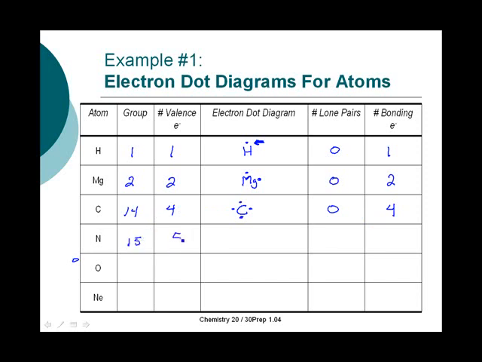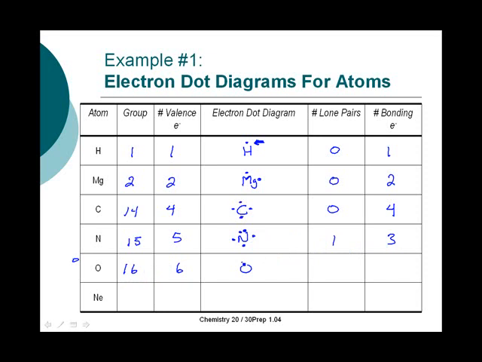Nitrogen is in group 15, which means it has 5 valence electrons. Now we put in our first 4, but we need 1 more, and we can put that one anywhere we want. By convention, it's usually put at the top, and so now we have 1 lone pair of electrons and 3 bonding electrons. For oxygen, it's in group 16, so it's going to have 6 valence electrons.